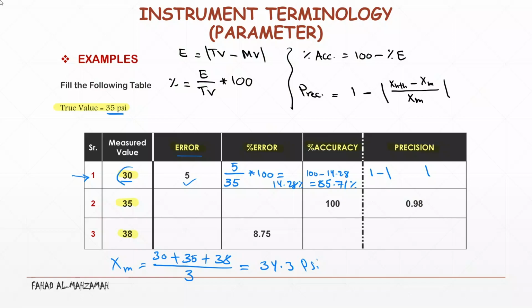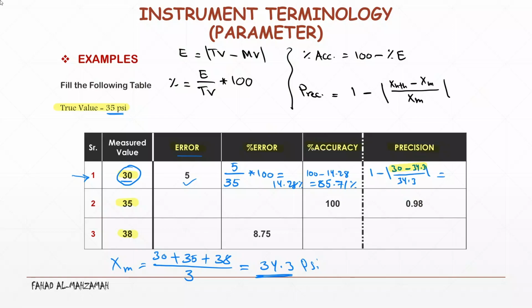The precision is 1 minus the absolute value of the specific measurement, which is here 30, minus xm, which is the average, here 34.3, divided by the mean value, which is 34.3. As you can see here, the answer is negative, but if you take the absolute value, it will be positive.